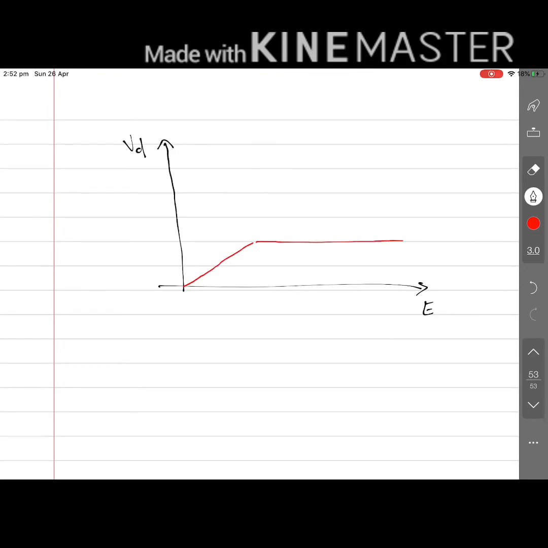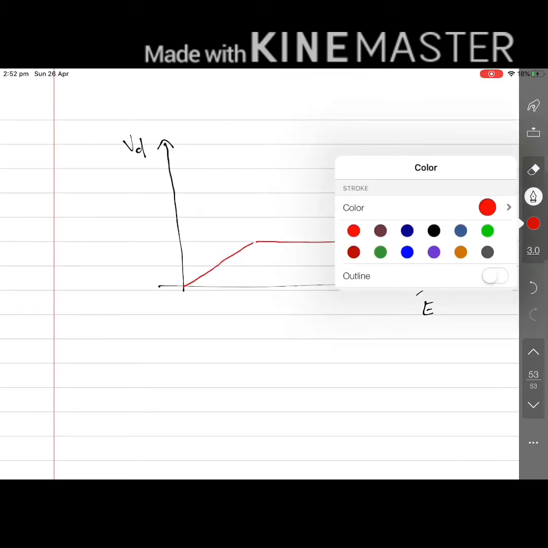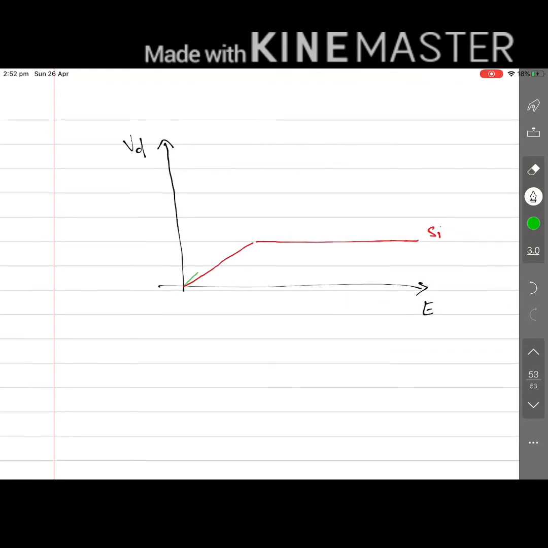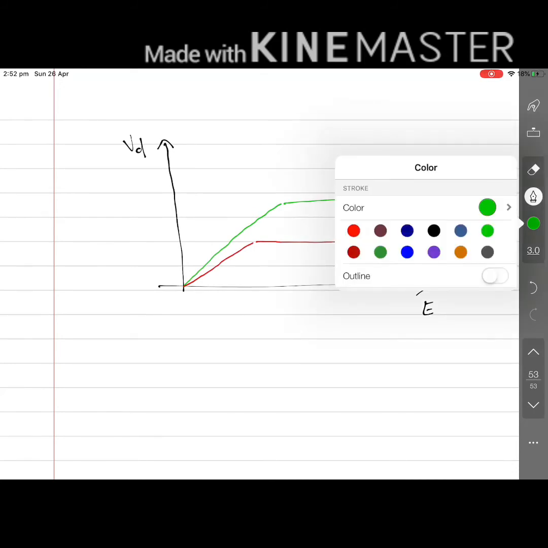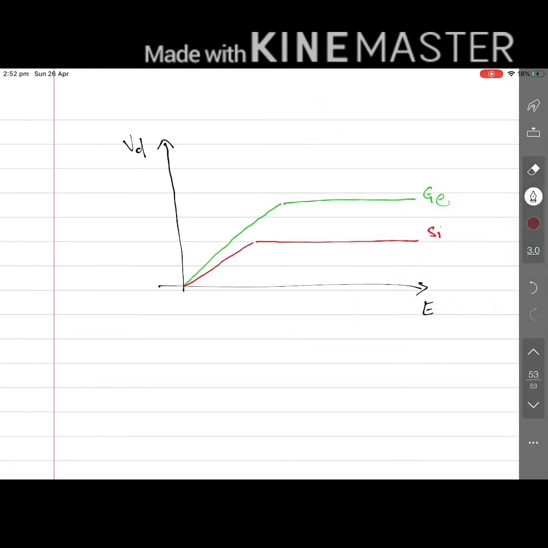So this is for silicon. For germanium it is slightly more like this, and for the compound material, that is gallium arsenide, you will see the relationship between drift velocity and electric field come something like this.